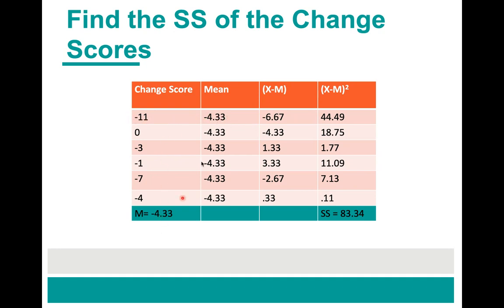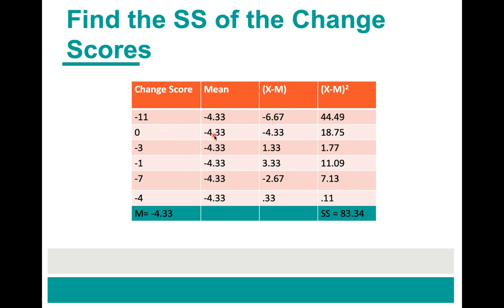Don't drop the negatives here, right? This person had a negative change score. The mean for these 6 people is a negative change score. So make sure you're doing negative 11 minus negative 4.33. Be very careful with your calculator here. And that produces our difference score, right? Because subtracting a negative is the same thing as adding. So we have a difference of negative 6.67.